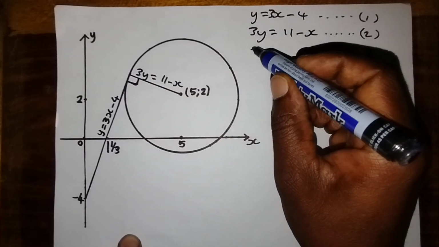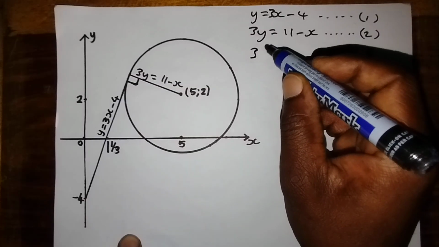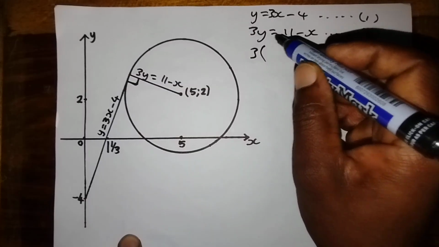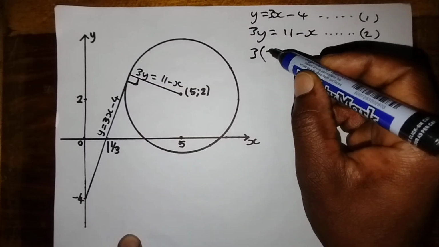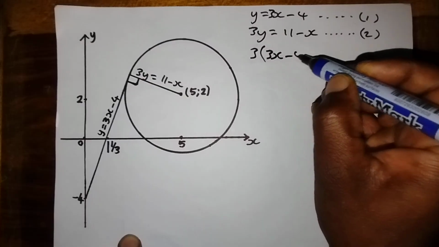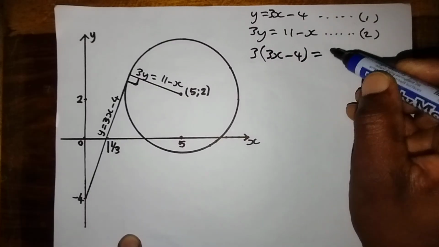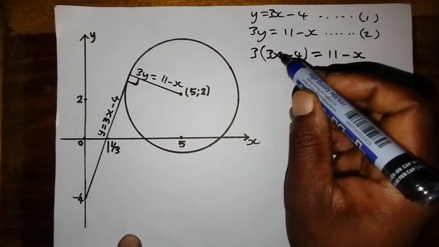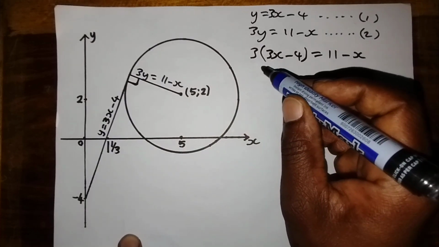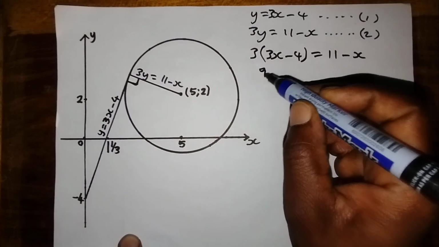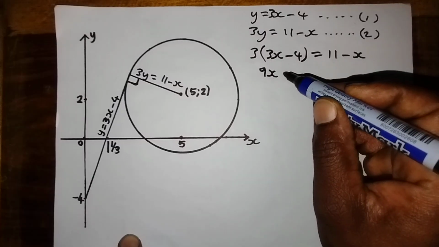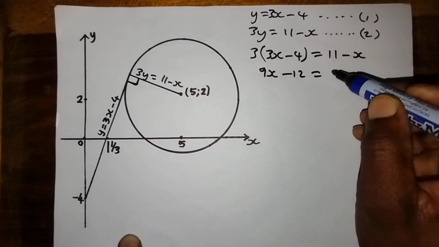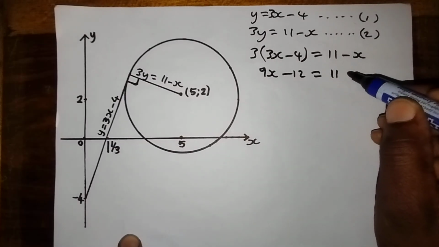So the second equation, which I'm rewriting, in place of y I put 3(3x minus 4) equals 11 minus x. Then I remove the brackets: 3 multiplied by 3x is 9x, 3 multiplied by minus 4 is minus 12, equals 11 minus x.